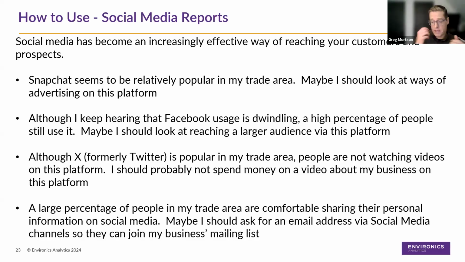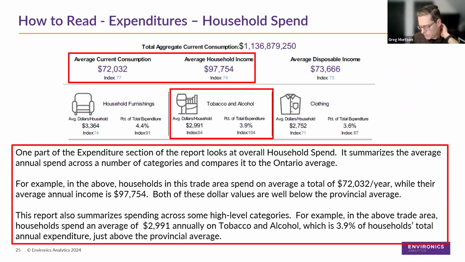If they are, maybe you should feel free to elicit an email address so that they can join your mailing list or a newsletter that you send out. It may be a really good way to get emails of people who live in your area. So those are some of the ways in which you can start thinking about social media behavior and those tendencies in your trade area to start attracting more of an audience.